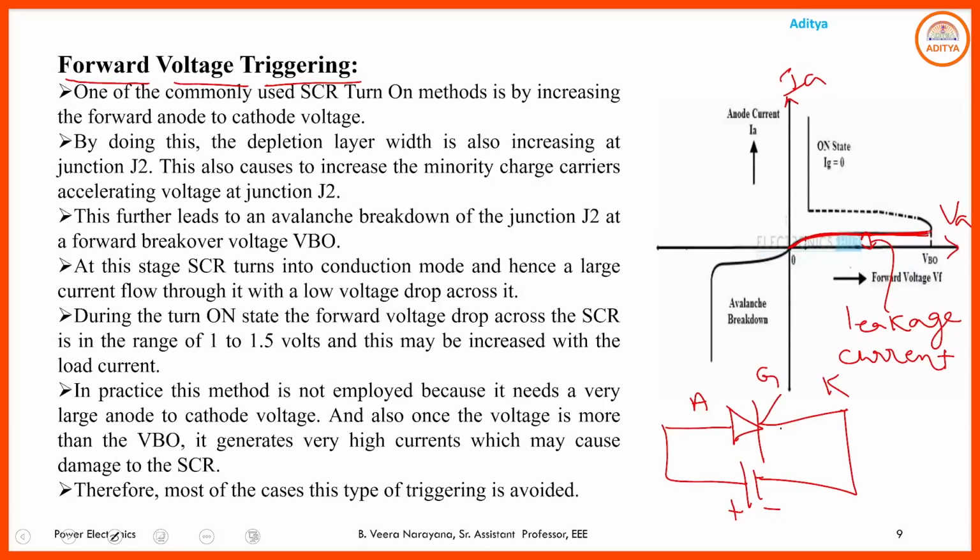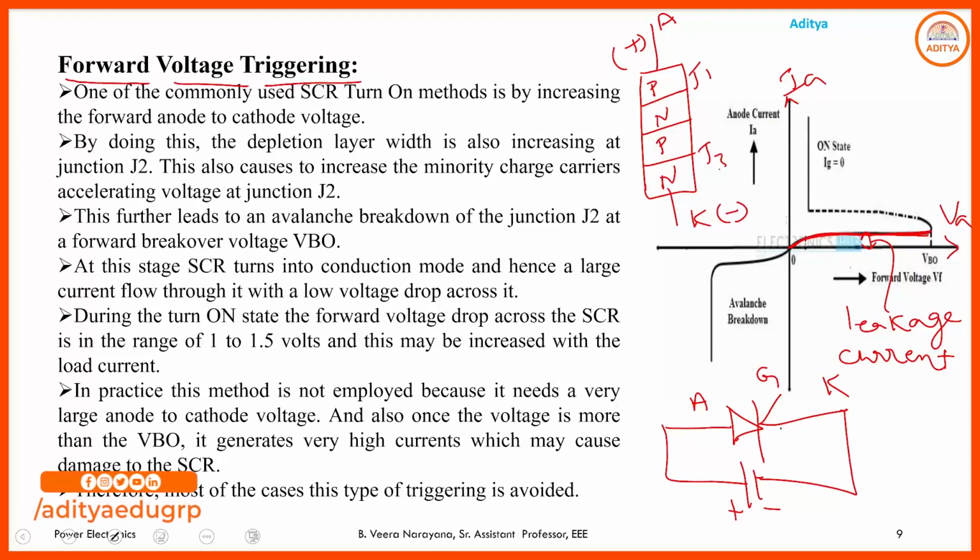In the structure of the SCR, this is the cathode, which is given to the negative terminal of the supply, and this is the anode, which is given to the positive terminal of the supply. Here, when the anode is made positive with respect to the cathode, the outer two junctions J1 and J3 are in forward bias and the middle junction J2 is in reverse bias.